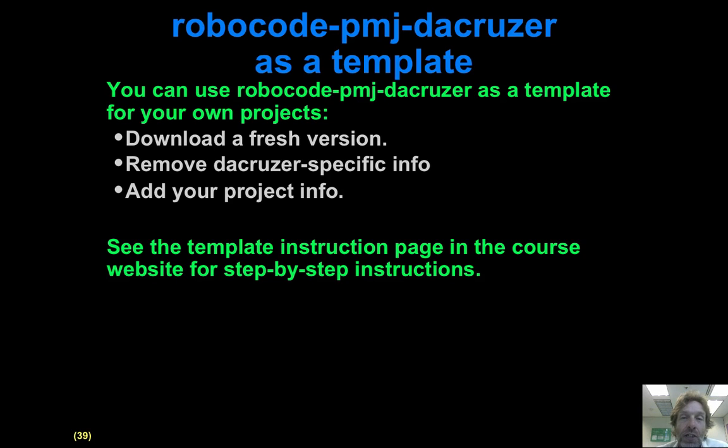I have precise instructions elsewhere, but the basic idea is that you'll download a fresh copy of this system, and then you'll strip out the dacruzer stuff from it, and you'll add in your own system's stuff, and the result will be, with relatively minimal changes, a new system which uses our build framework, and you get all the power of it without having to write a bunch of Ant code yourself.